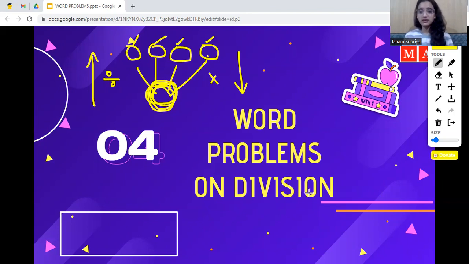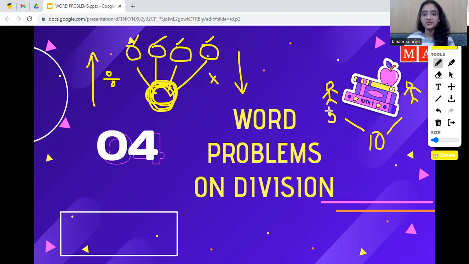For example, a small example: suppose I have 10 chocolates and I need to divide them between 2 children. How can we divide it? Since they're chocolates, our count won't be mistaken. The first child will get 5 and the other child will also get 5 chocolates.